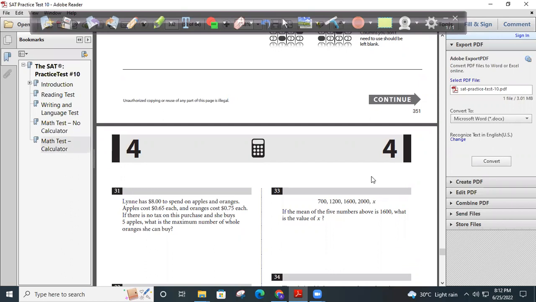Everyone, please do solve the 33rd question. Simple direct question.